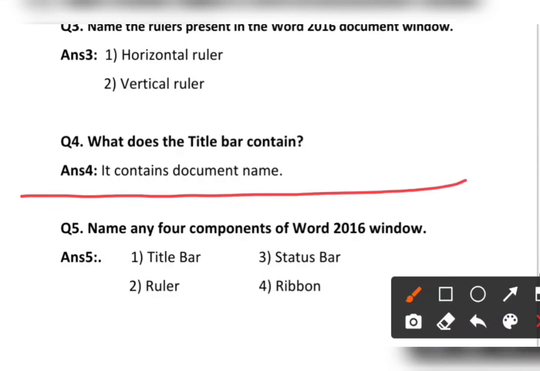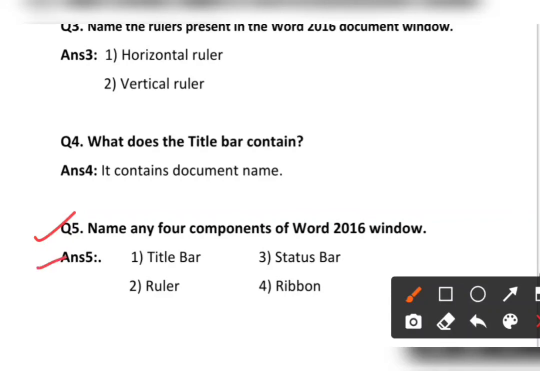And next is question number 5. Name any 4 components of Word 2016 window. You have to write any 4 components and the answer is number 1 title bar. Please see the spellings TITLE, title bar.